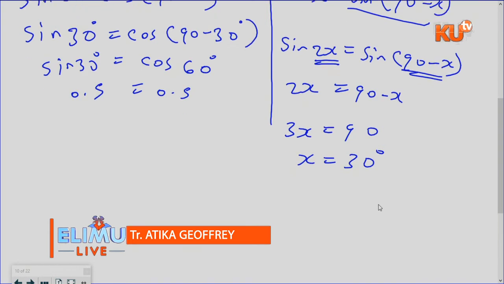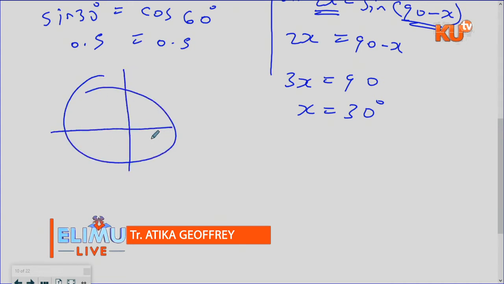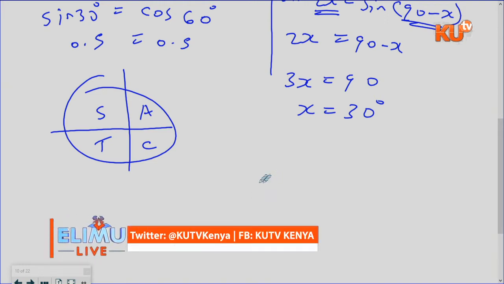But in Form 3, you looked at the unit circle. Let me have a sketch of that unit circle, where you said all students take chemistry, and that is maybe the easiest way to remember that particular concept. So to get an angle here, we were saying you'll have 180 minus theta.